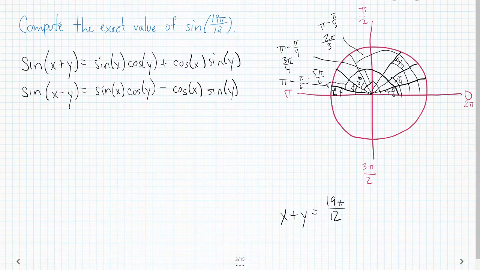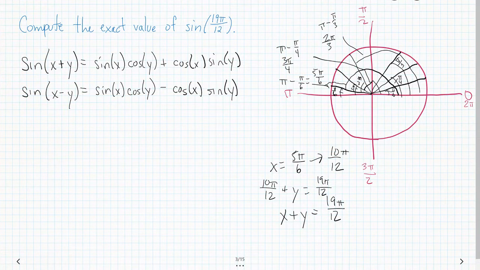So notice, to make it easy, I'm going to write x equals 5 pi over 6. So if I have x equal 5 pi over 6, notice that this becomes the same thing as 10 pi over 12. So what would y equal then? Well, we get 10 pi over 12 plus y equals 19 pi over 12.